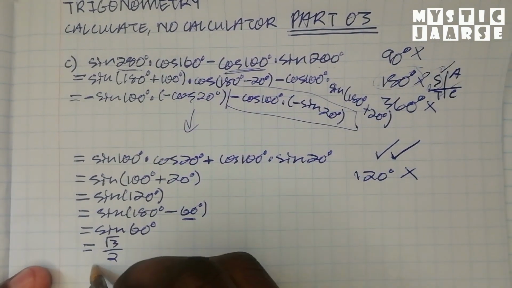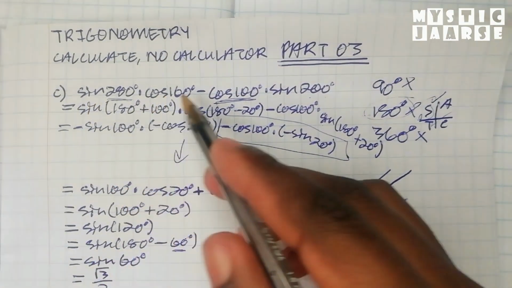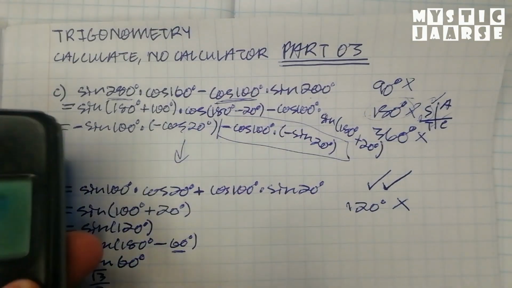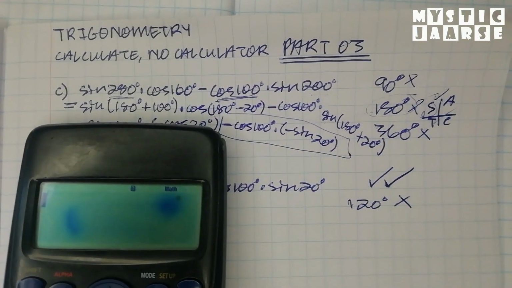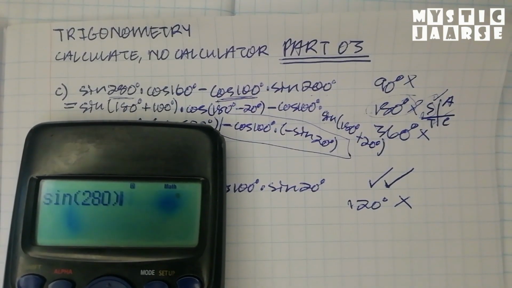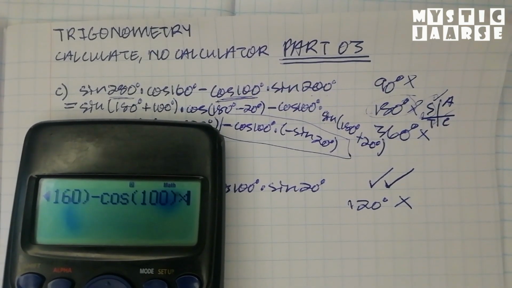Now, how do we know that we got our answer correct? Well, we need to go back to the problem statement and put the whole thing into our calculator. So we have sine of 280 multiplied by cos of 160 minus cos of 100 multiplied by sine of 200.